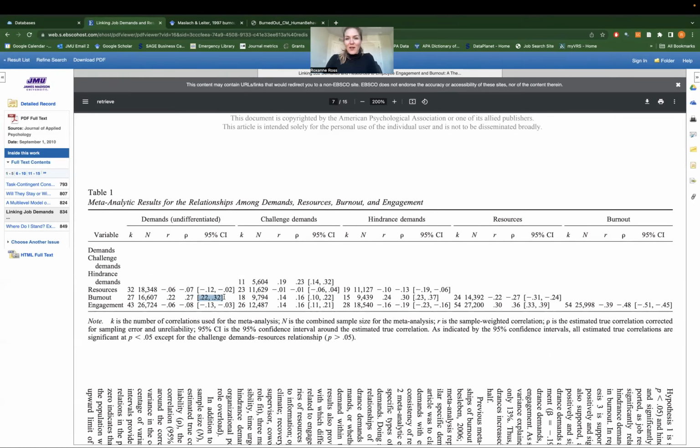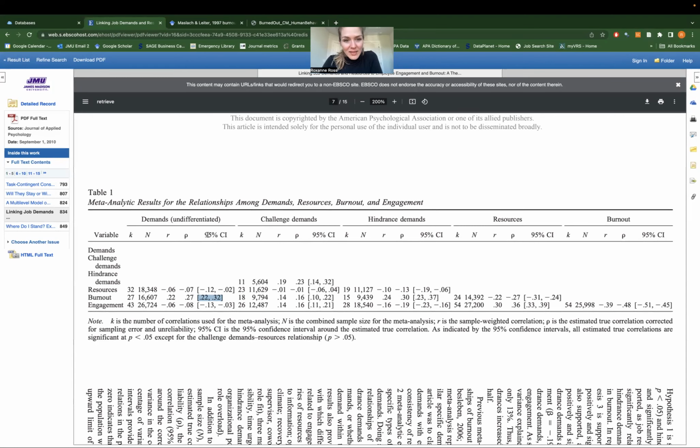So a 95% confidence interval says we are 95% sure that our correlation is between 0.22 and 0.32. This does not include zero, so we can be confident that our correlation or rho is likely to be different than zero and is therefore statistically significant.